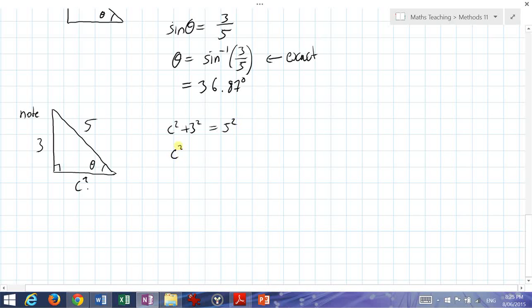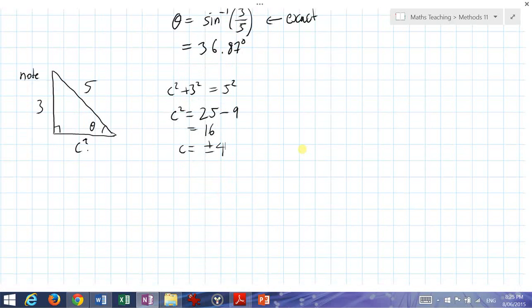So c squared equals 25 minus 9, which is 16. C is going to equal plus or minus 4, but because a side can't be negative, that negative is not applicable. So c just equals 4.